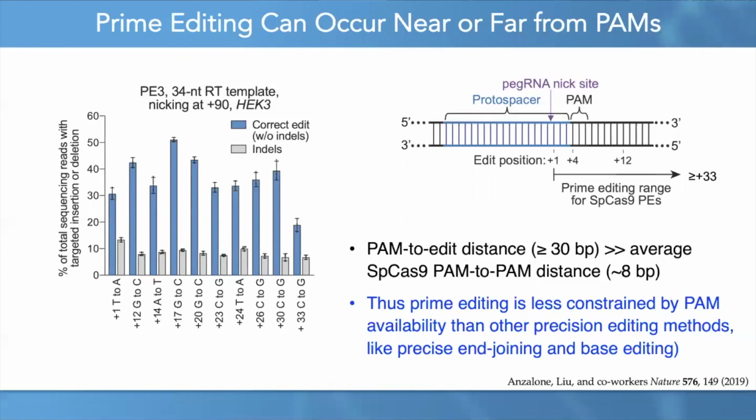While characterizing PE3, we observed that by increasing the length of the reverse transcription template, edits could be placed increasingly farther away from the pegRNA nick, in some cases, dozens of nucleotides away. This flexibility for performing distant edits demonstrated that prime editing is less constrained by PAM availability than other precision genome editing methods, in addition to being able to introduce a variety of previously unavailable edits.